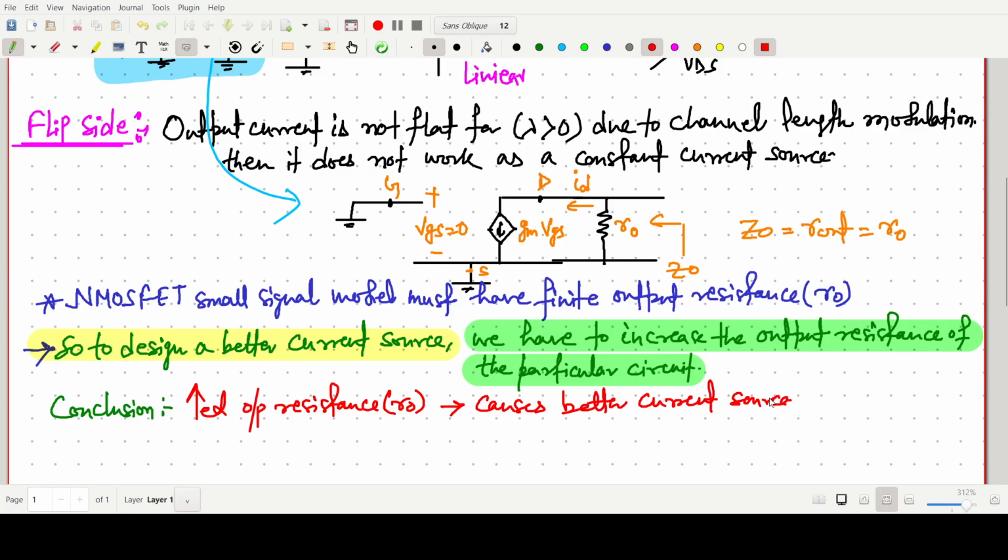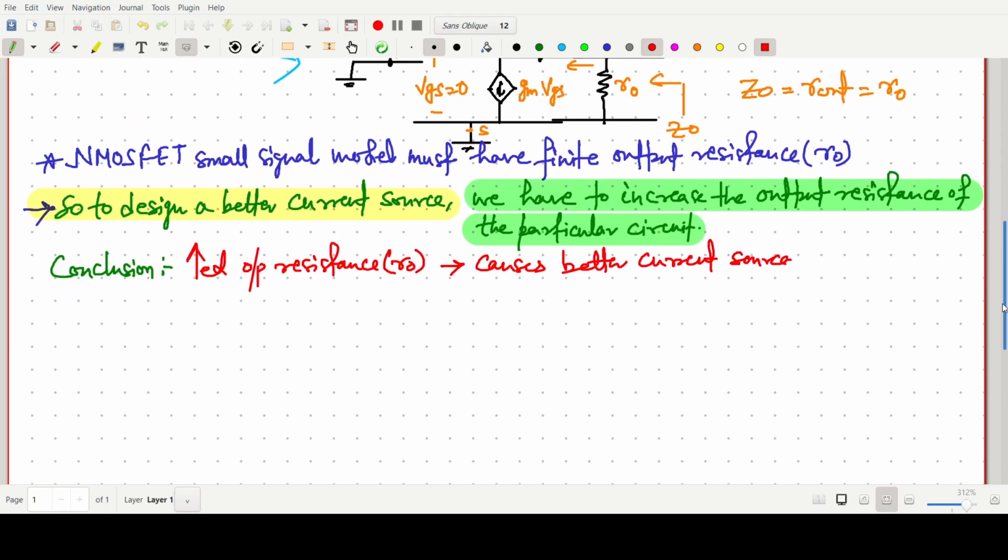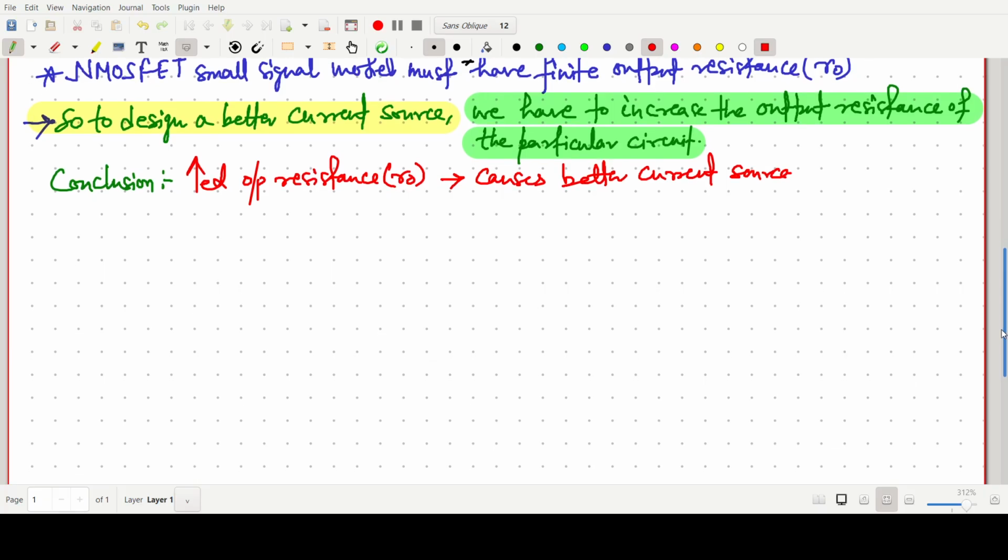Okay, so this is the concept. For any current source made with a MOSFET, the output resistance must be very high.